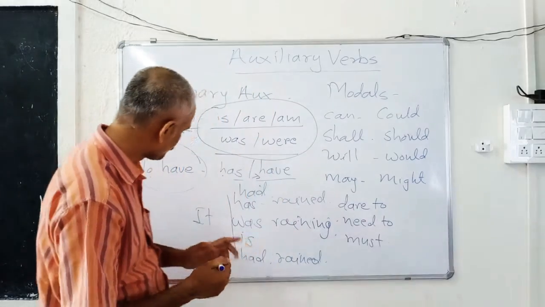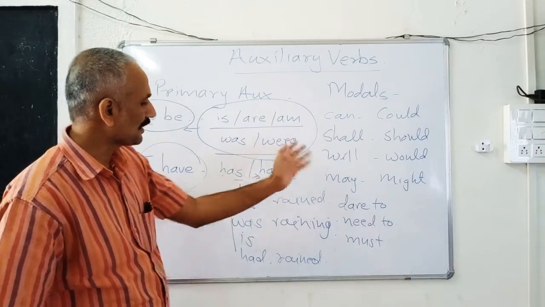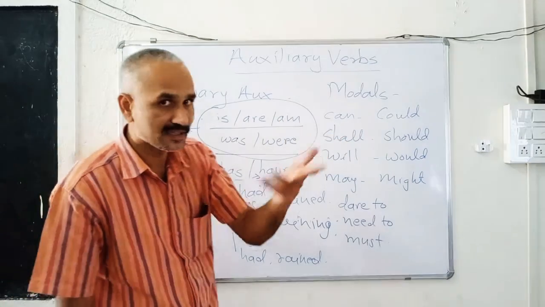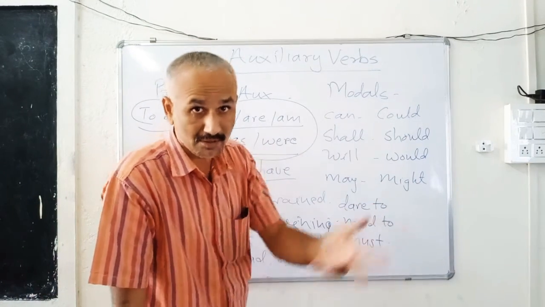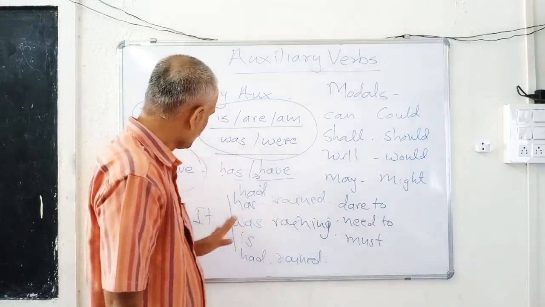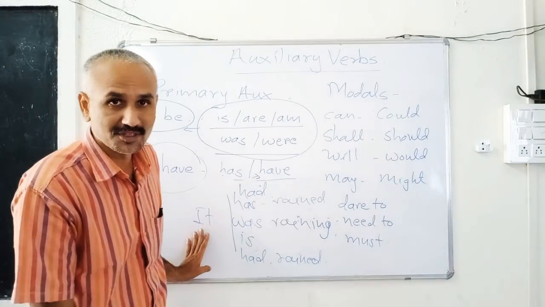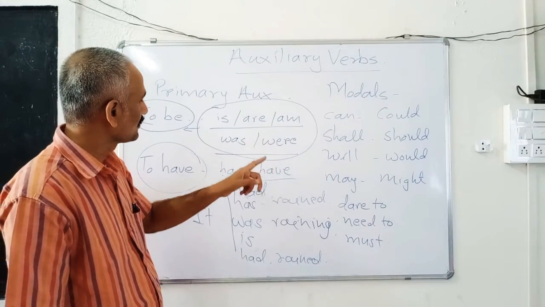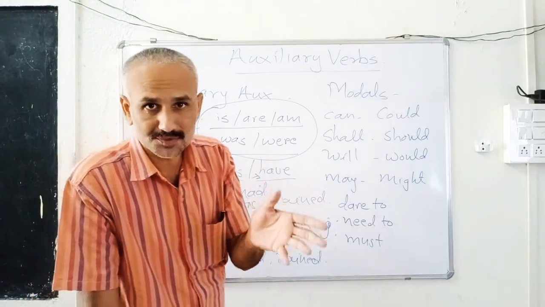If I said it were raining, it are raining, it am raining, not possible, because the subject is third person singular and the verbs were and are are plural verbs.